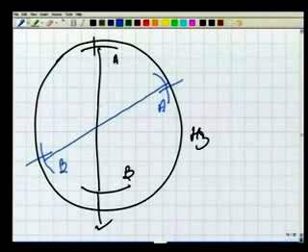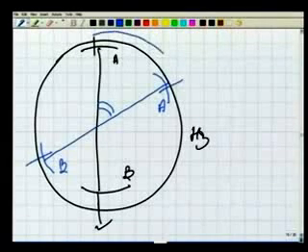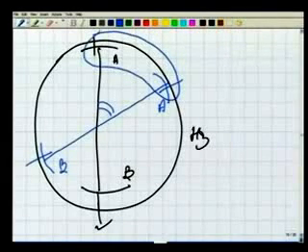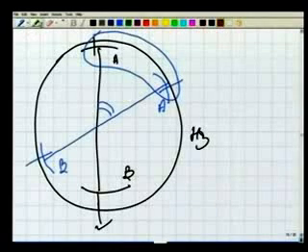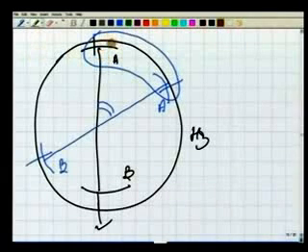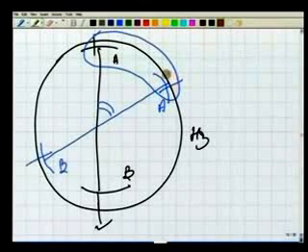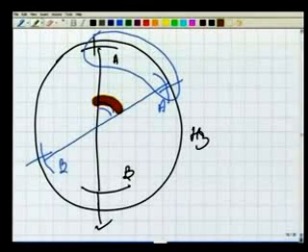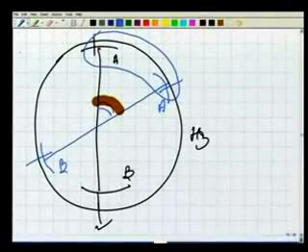So the angle at this point can be seen by reading these graduations. What was the value of the observation here, and what is the value of the observation over here? Now the difference of these two will give us this particular angle. So this is what is happening there inside the instrument.